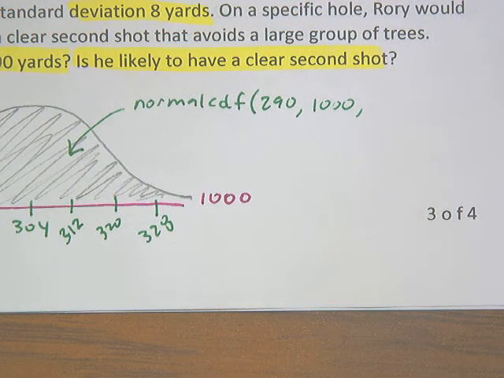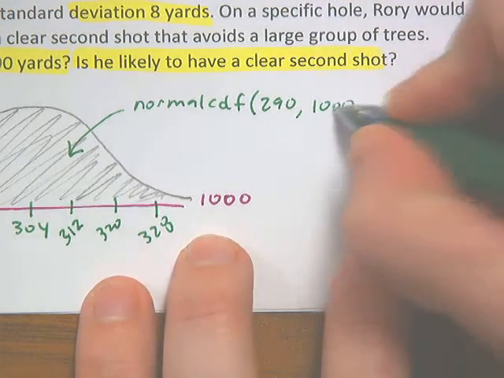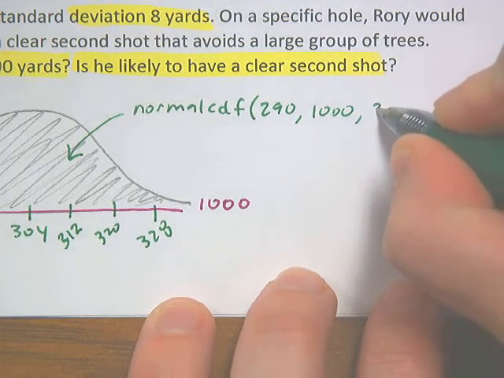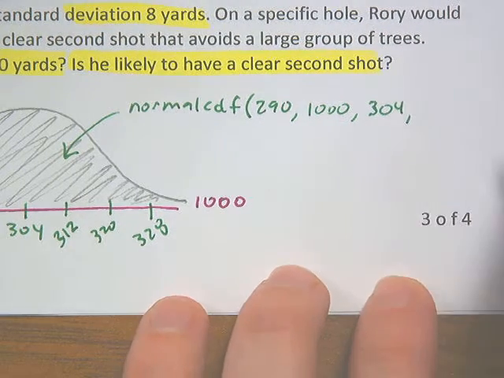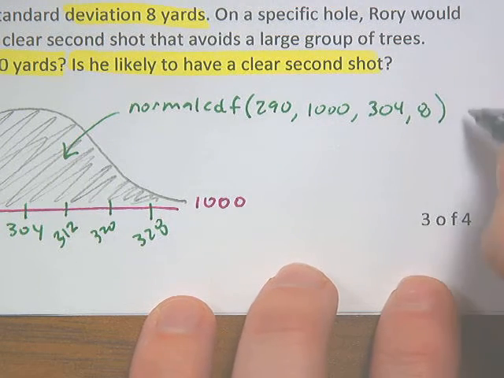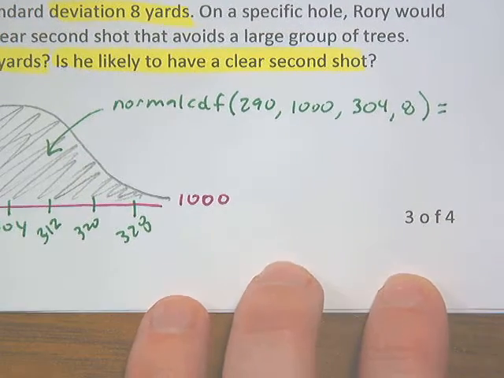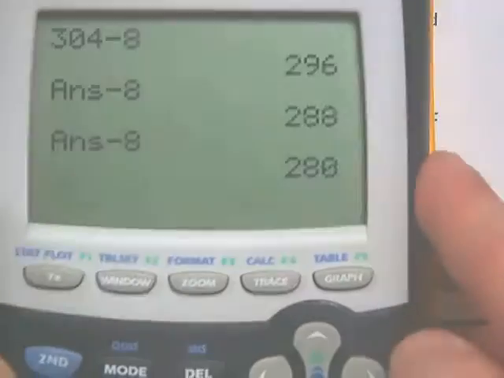And that's why I don't put a comma when I write 1,000, because it might get lost in all these comma separated lists. And the standard deviation, the mean is 304 yards, standard deviation is 8 yards. You'll type that in for your lower, upper, mean, and standard deviation.